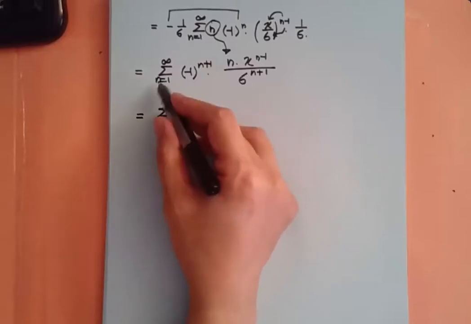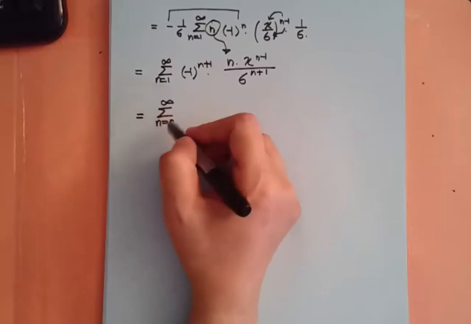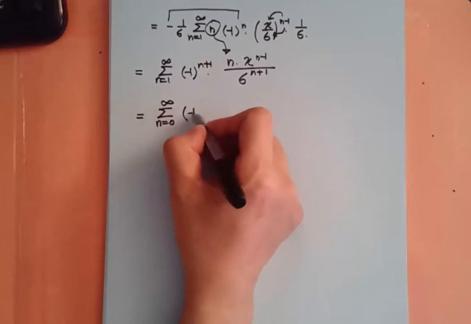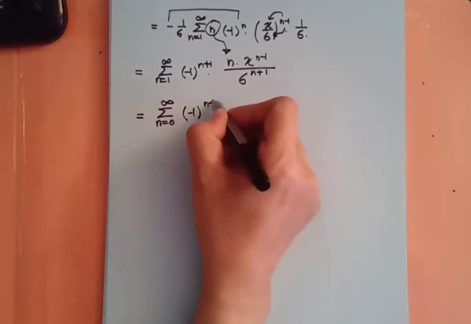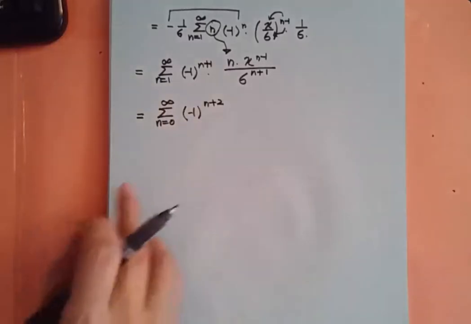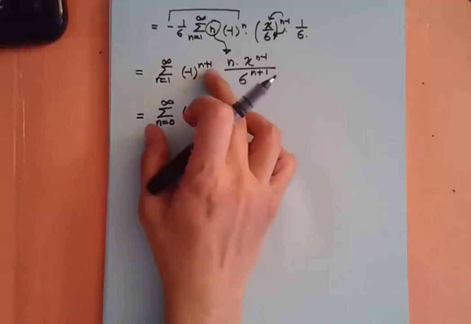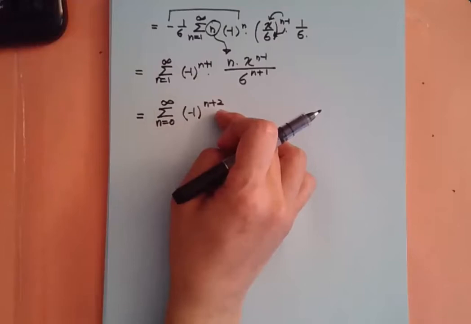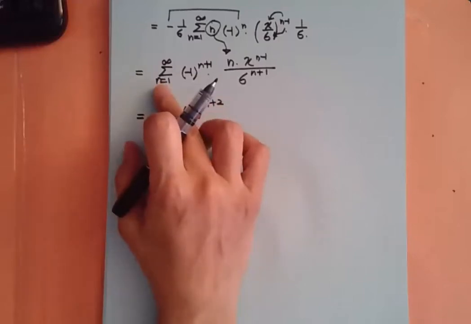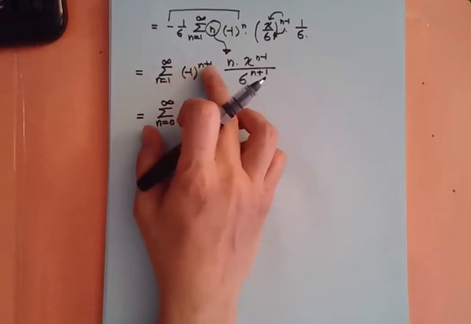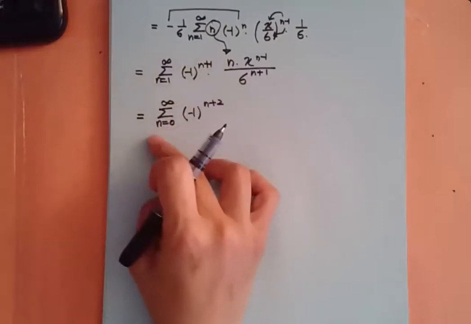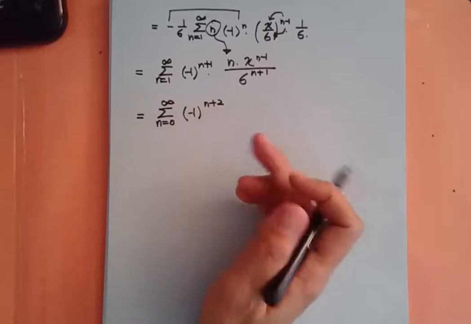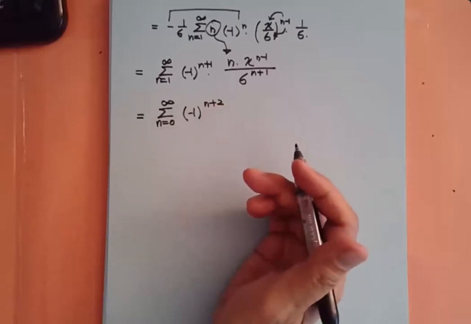If n starts with 0 instead of n starting from 1, then we just raise the power one more time. So instead of n plus 1, you have to start with n plus 2, right? Because when n equals 1, n plus 1 will make 2. And if n equals 0, then we have to add 2 instead of 1, right? To make 2.